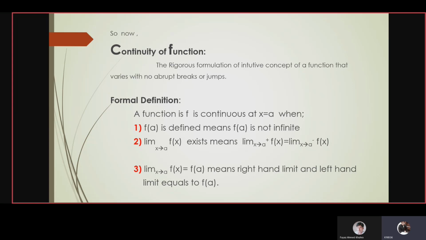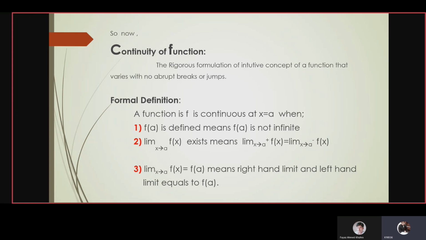First condition: f of a is defined, meaning the function should be defined at point a, not undefined and not infinite.